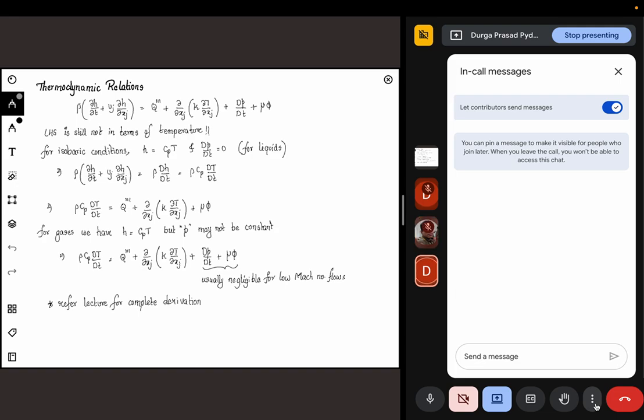Just let me know if there is some problem. I'm also kind of doing it for the first time. So I'll speak a little slower. So still this equation you are clear. Till this equation it is clear.